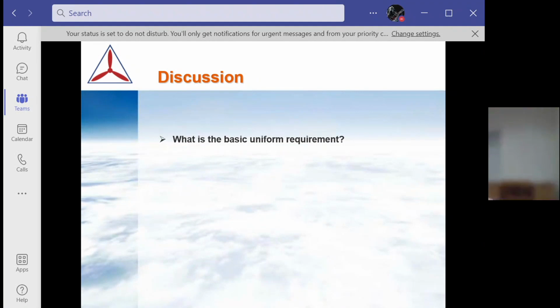The basic minimum requirement for uniform is that a member, and this includes senior members and cadets, must obtain and maintain a service uniform, whether it be the U.S. Air Force style or the corporate aviator uniform.